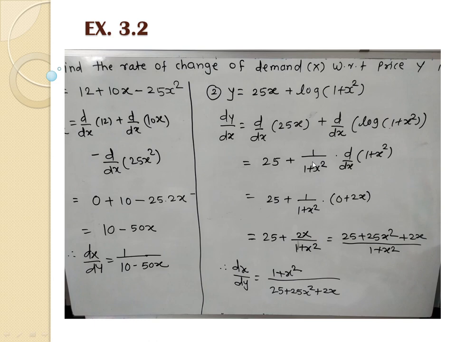So it is 1 upon 1 plus x square into, now here again function within a function. So write the derivative of this function again, that is derivative of 1 plus x square. So it is equal to 0 plus 2x. Here we are applying chain rule. So it is equal to 25 plus 2x upon 1 plus x square, taking cross multiplication. So we get dx by dy is equal to reciprocal of this function.